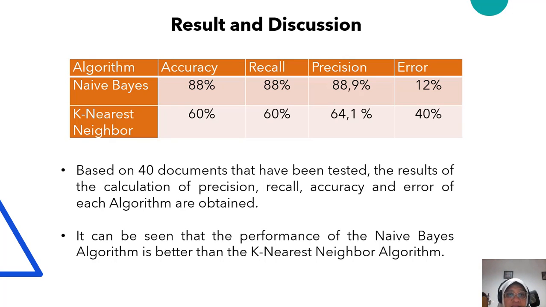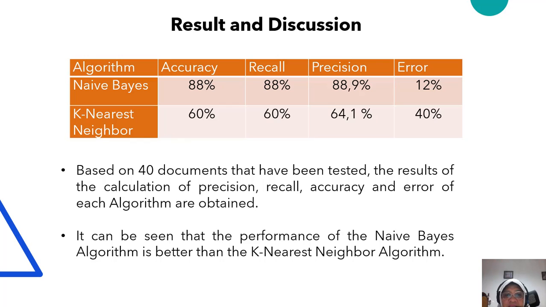The result and discussion. This is the result of the Naive Bayes and K-Nearest Neighbor algorithms. Based on 40 documents that have been tested, the calculation of precision, recall, accuracy, and error of each algorithm can be seen.